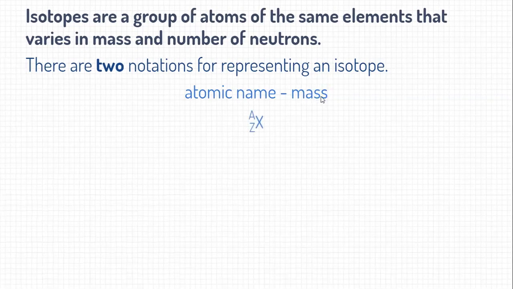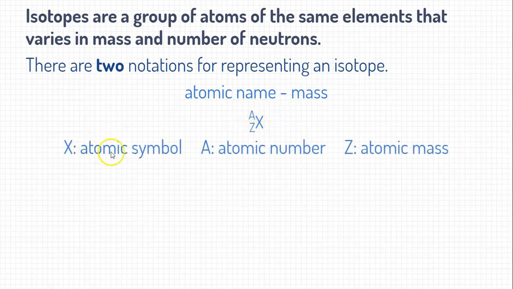The other way of notation is we have an X here with the superscript of A and a subscript of Z. Now, the X is the atomic symbol for the element.